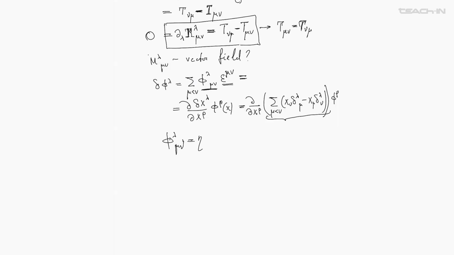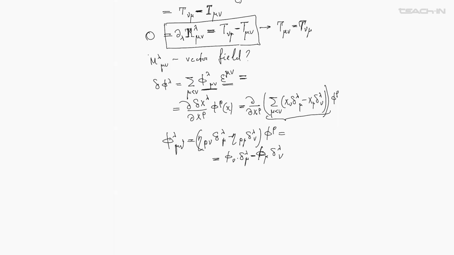So η_ρν δ^λ_μ minus η_ρμ δ^λ_ν multiplied with φ^ρ, and then summing up, you will get φ_ν δ^λ_μ minus φ_μ δ^λ_ν. This is how the response will look for the case of a vector field.